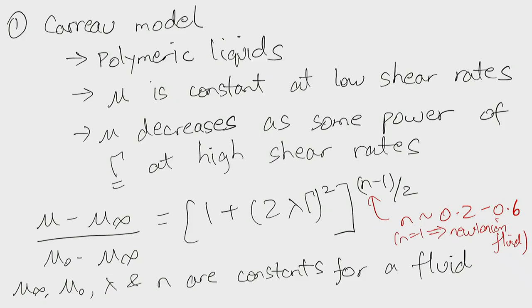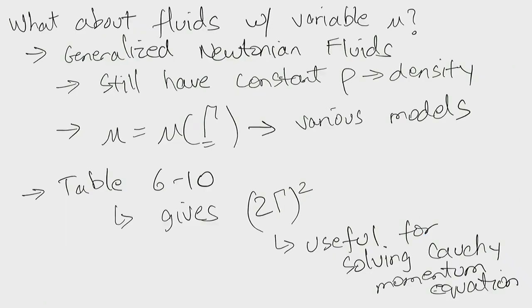Right, so all of these models that we'll look at, if you plug in a particular value for a constant, usually it's going to be n, you will recover Newtonian fluids. And I think I mentioned this here. This is a model. Models are empirical, in that they're based on experiments.